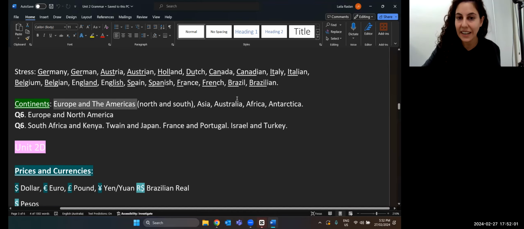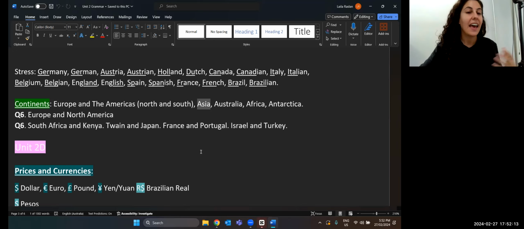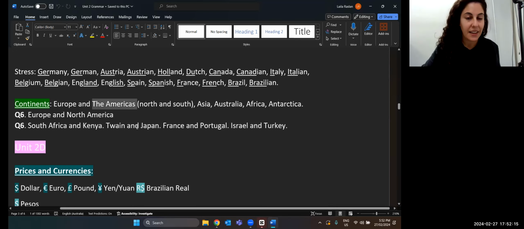So we know Australia is a continent, Africa is a continent, Antarctica, Asia, it's made of many countries, but altogether it's a continent. And the Americas. Now the Americas, yes, we have North America and South America, and Europe. So these are the continents.